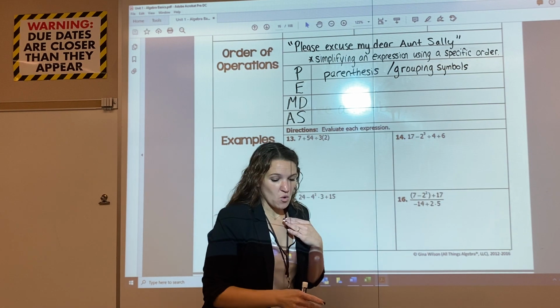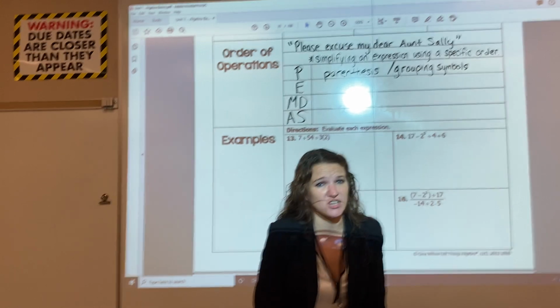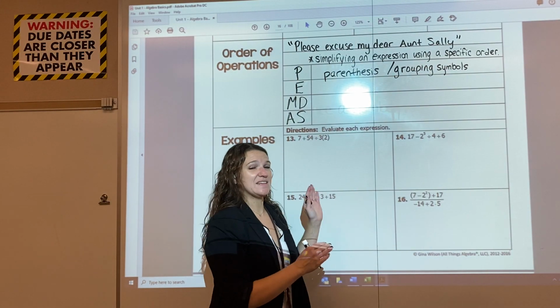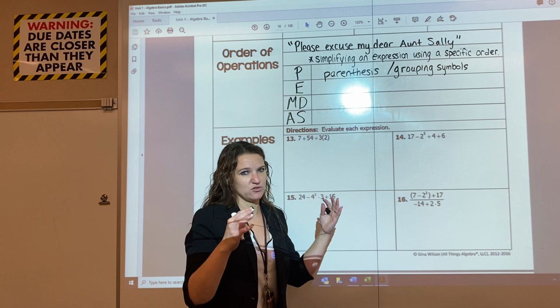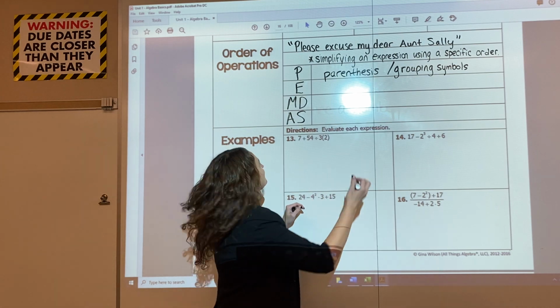So we know that whenever we're simplifying an expression, we have to definitely do the parentheses or anything inside grouping symbols first.